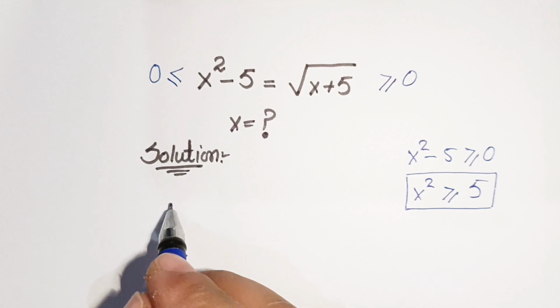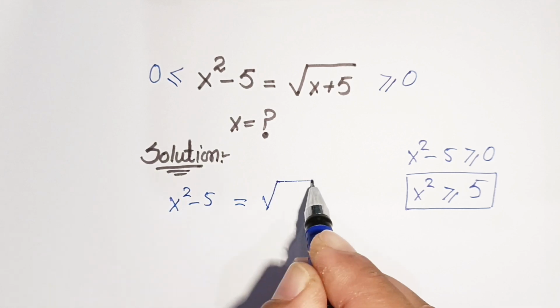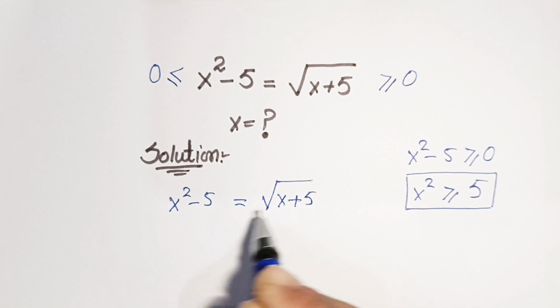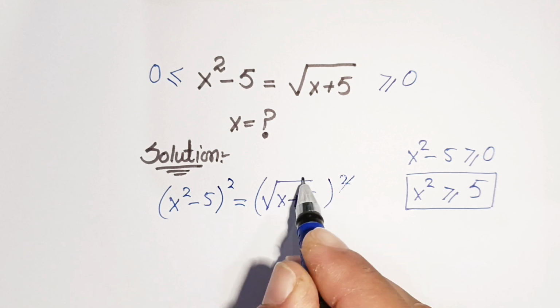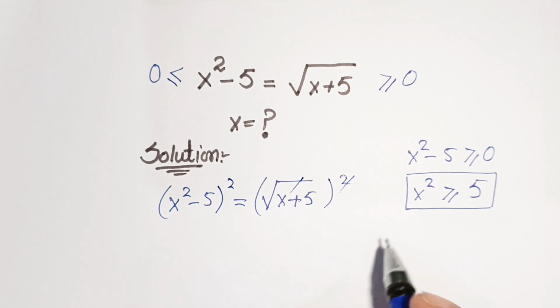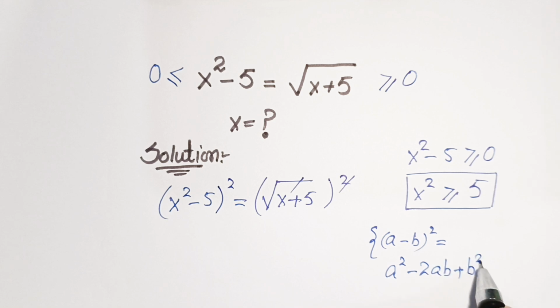Now here we have x squared minus 5 is equal to square root of x plus 5. If we take the square on both sides, the square cancels with the square root. Here we use the algebraic identity: a minus b whole squared is equal to a squared minus 2ab plus b squared.